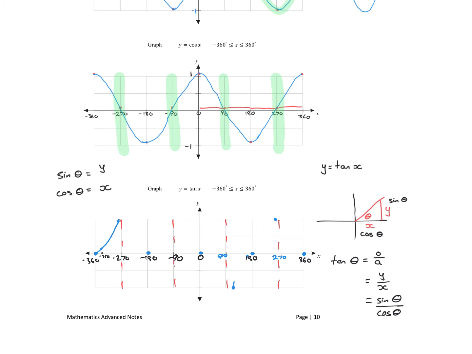So what's actually happening is we've got a curve that looks like this, and it continues on in both directions and repeats. It's just that they're not connected, because there's an asymptote, so there are discontinuities. And so we've got all these different branches for the tan graph.